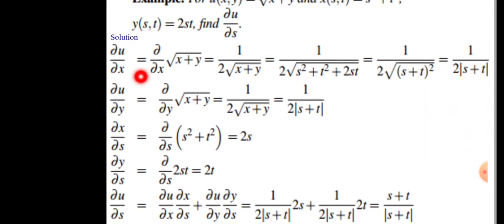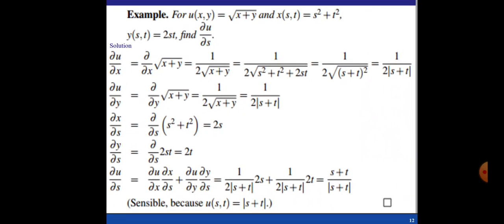Here we have partial u, partial x, which means the derivative of u with respect to x, the derivative of the root with respect to x. We know from the table of the derivatives, derivative of the root is 1 over 2 the root times the derivative of what is inside with respect to x.